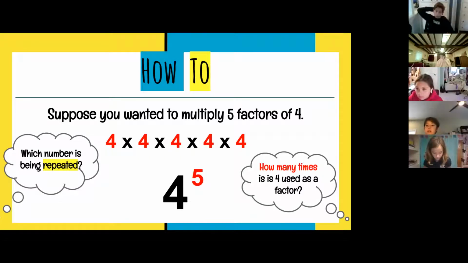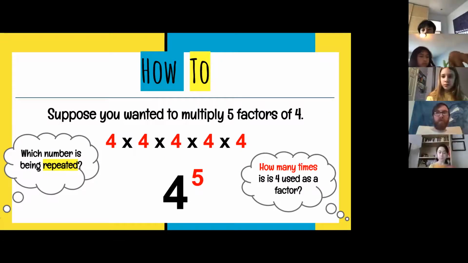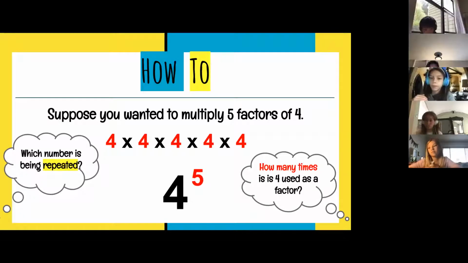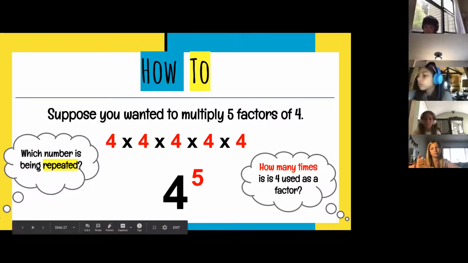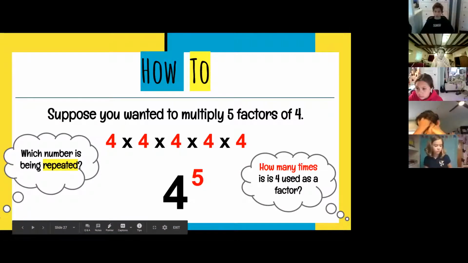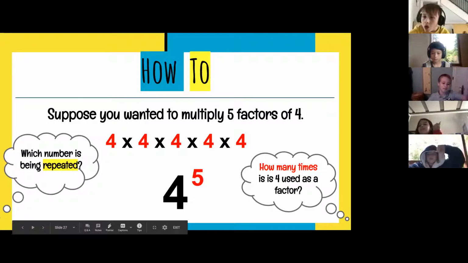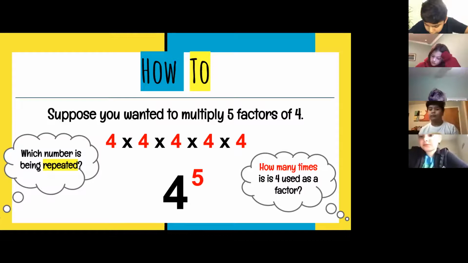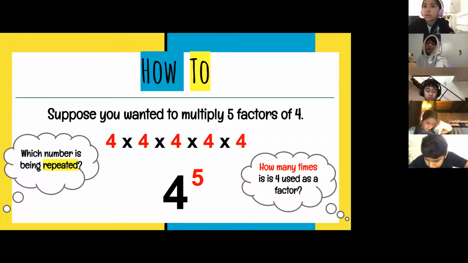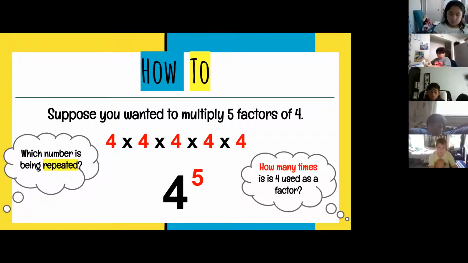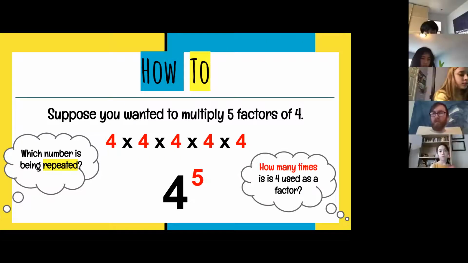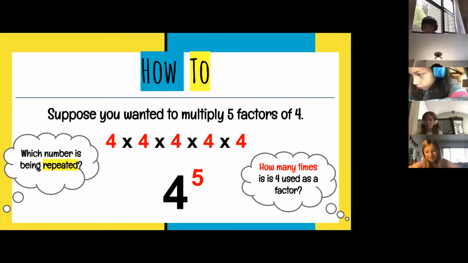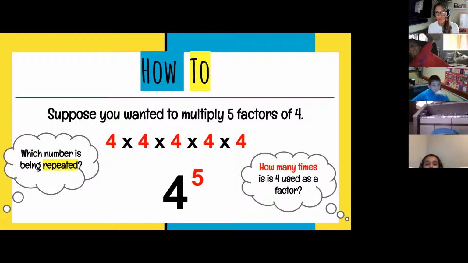Question, is 5 a factor? Thumbs up if you think 5 is a factor. I'm not sure. We have a couple people who think it might be a factor. All right, well, you're going to have to tell me what a factor is again.